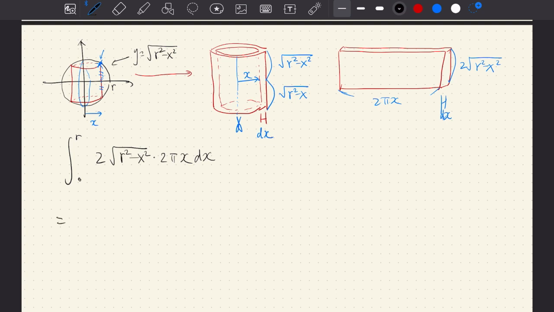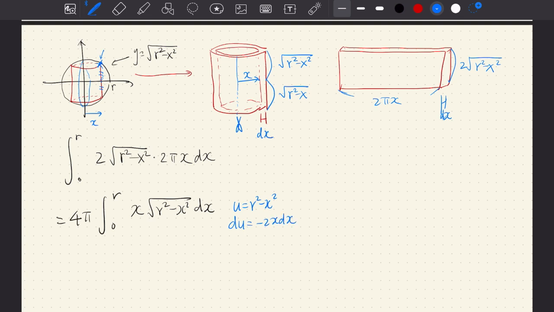We can factor out the 4 pi here, and then we get x times square root of r squared minus x squared dx. Now we can use u substitution, where u is equal to r squared minus x squared. And because of that, du is equal to negative 2x dx.